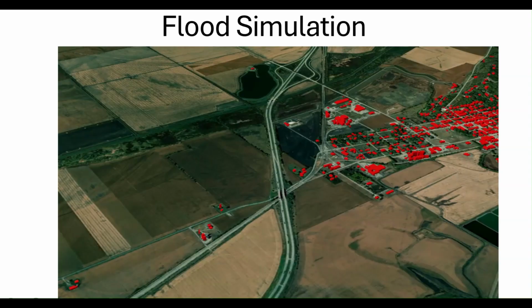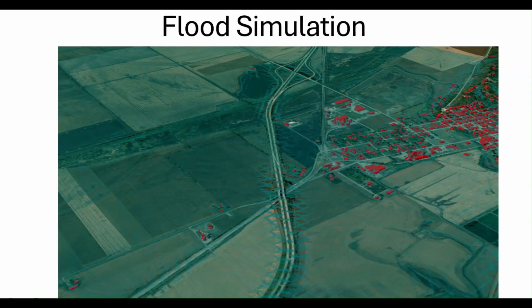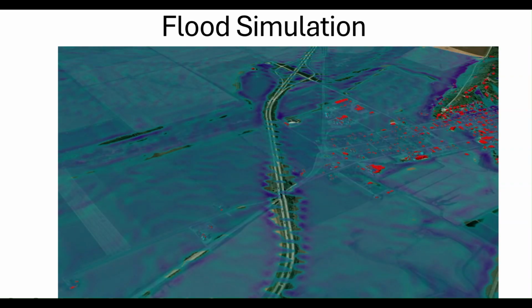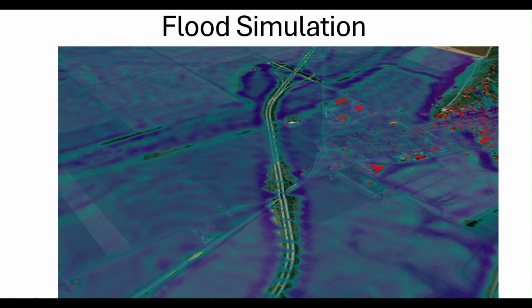So as you can see here, the flood simulations which we get from using Geo and AI help the machine or the computer to understand spatial pattern data automatically.